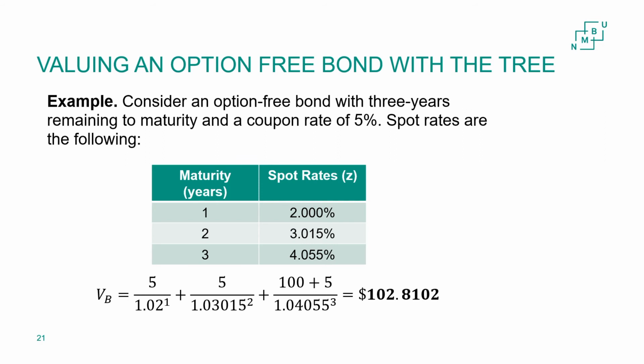And you already know how to use the spot rates to calculate the present value of the cash flows, and you get to a present value of 102.81. Okay, so let's see how we can do this with our tree.